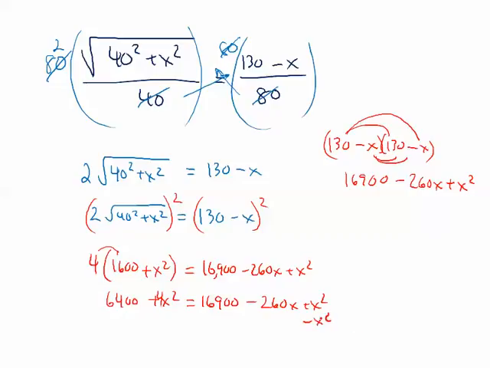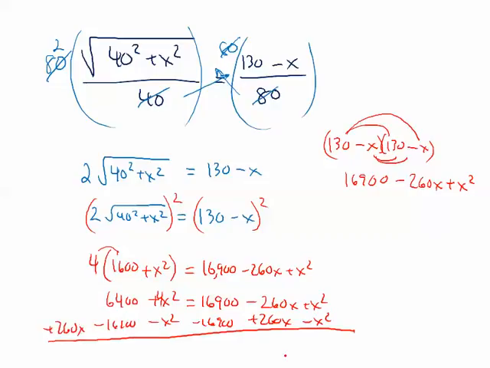So subtract x squared, I'll subtract x squared here, subtract 16900, subtract 16900, add 260x here, so add 260x over here, and I'm running out of space again. And we've almost been an hour on homework. Alright, let's see if I got this here. This is 3x squared, I'm going to write that one put together, plus 260x, and then this guy.